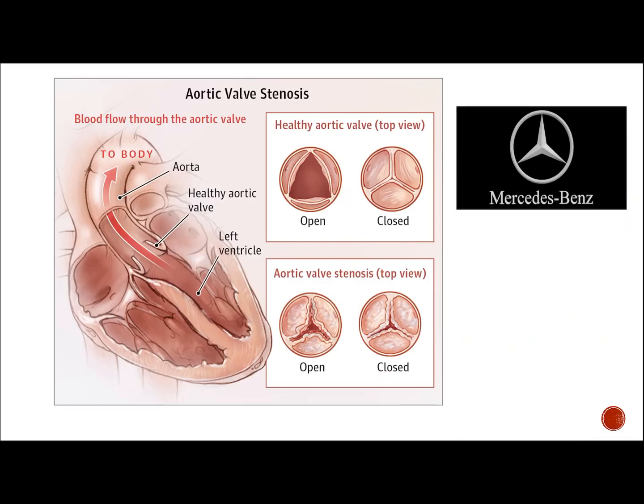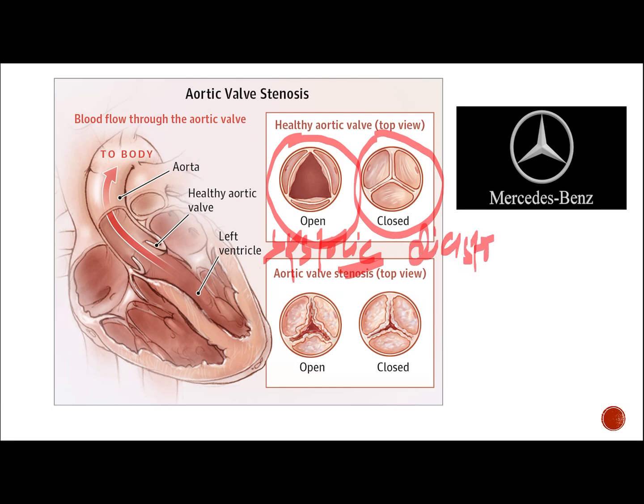Here is the normal healthy aortic valve in its open state, that means the systolic phase of the heart, and here it is in the closed state, which is the diastolic phase of the heart. In the diastolic, closed phase, the valve looks like the logo of Mercedes Benz, right?